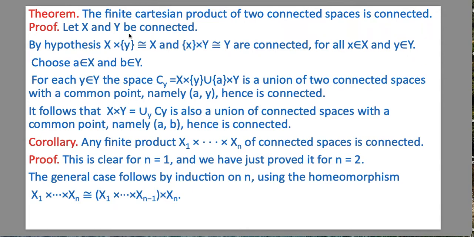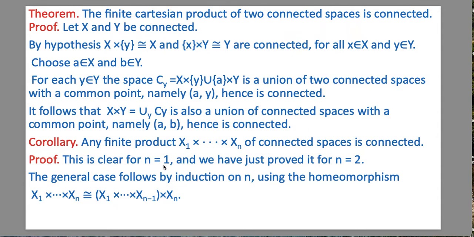This theorem we have proved for two spaces X and Y, but it can be extended to n spaces. Any finite product X1 cross X2 cross ... cross Xn of connected spaces is connected.